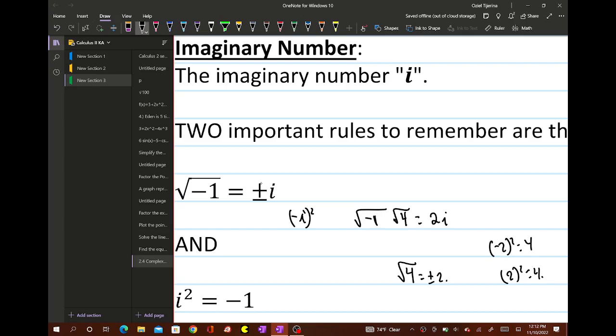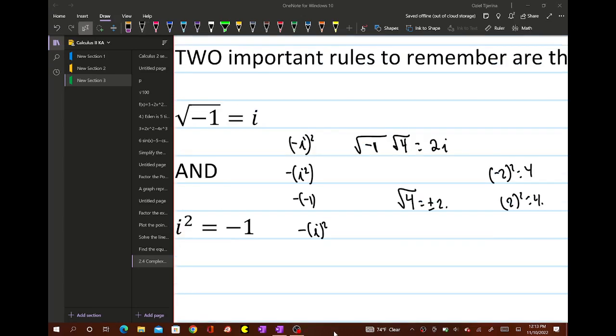Hold on one second. Actually, I'm changing that to i. I don't think it's plus or minus. For that part it's just i, but when they talk about other square roots, like the square root of 9, that can be plus or minus 3. I think that's where that comes from.